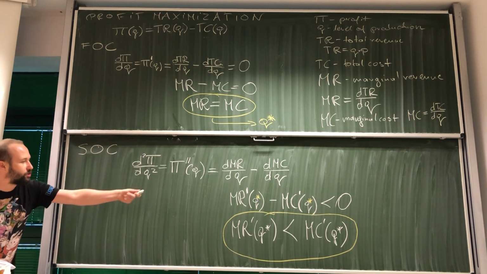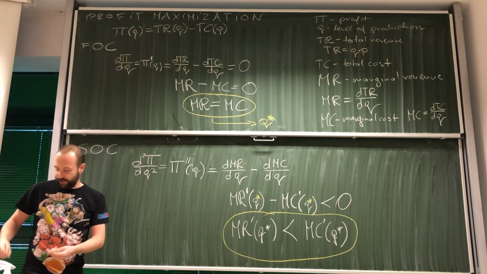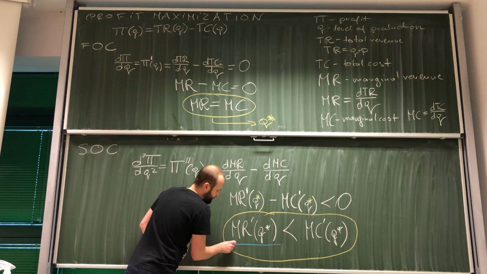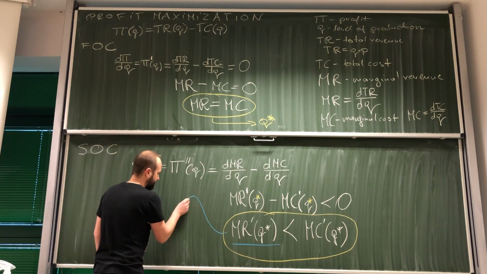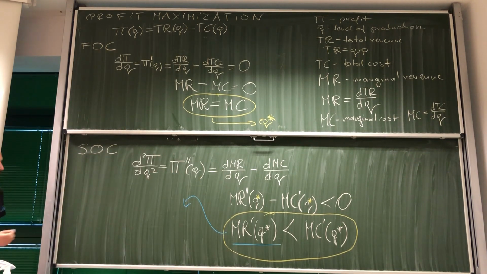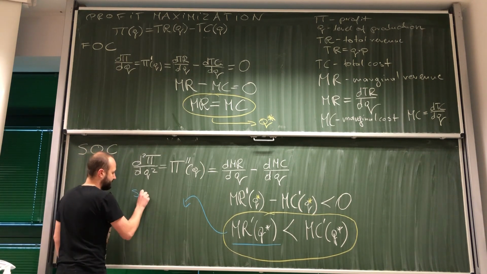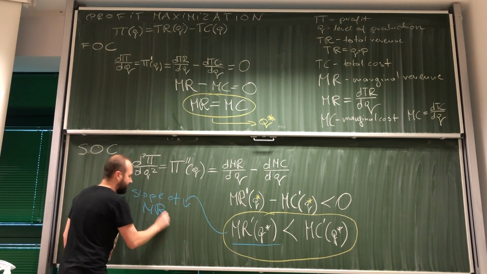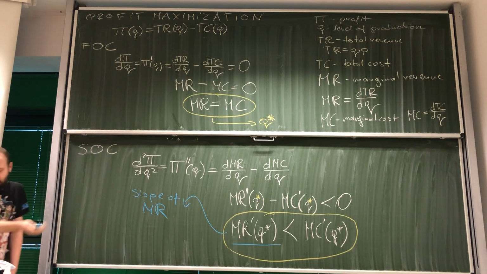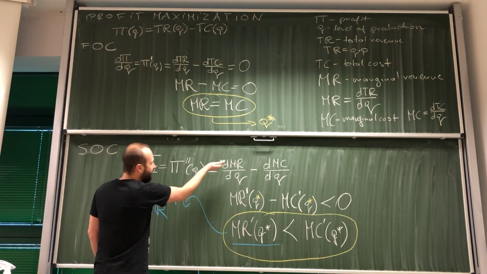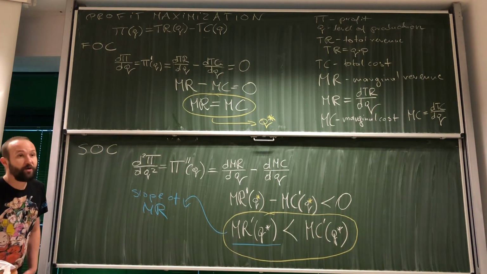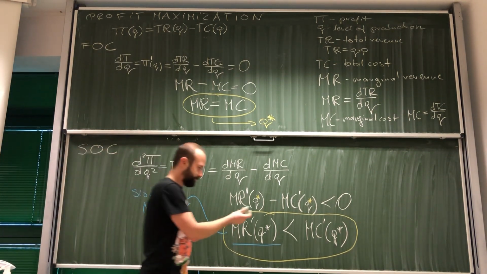But what are those two expressions? Okay, let's start with this. This is the slope of marginal revenue. How do we know this? Good. This is simply the derivative of marginal revenue, so it must represent the slope of marginal revenue.